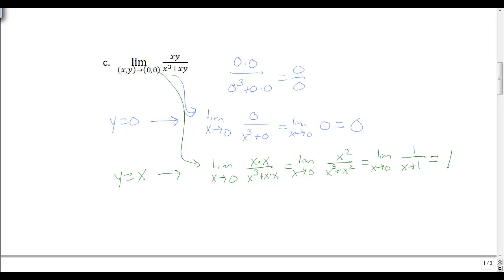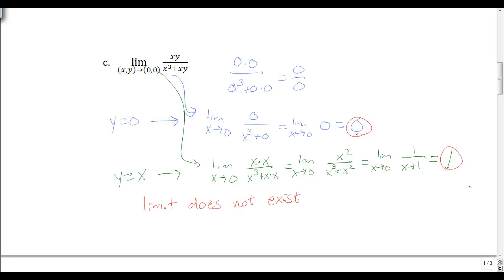Now, the key thing here is we did the path y equals 0 and got a limit of 0. We went along the path y equals x and calculated a limit of 1. Because these two do not match, I found two paths that do not match, which means the limit does not exist.